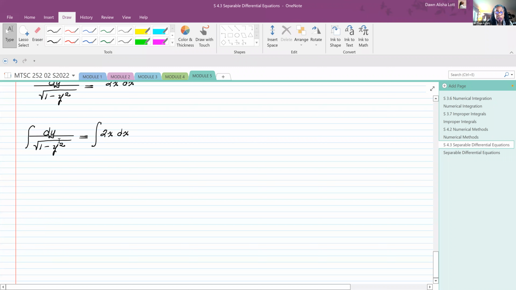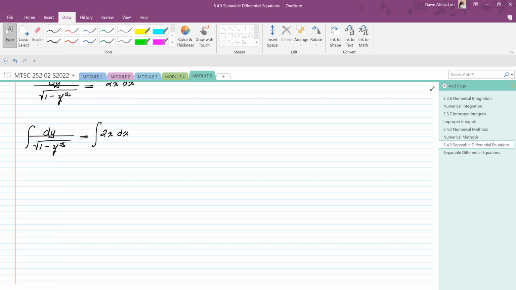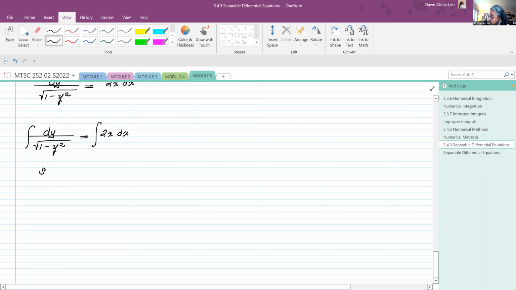But it is a special function. Can anybody recognize what it is? We've done a lot of these. Sine inverse. Okay. All righty, so I'm going to get on this side the sine inverse. It is y over 1, so that's just the sine inverse of y. And this side is going to give me x squared plus a constant.